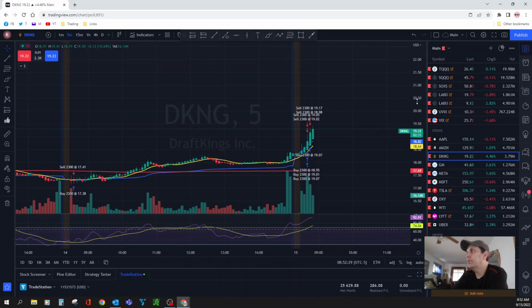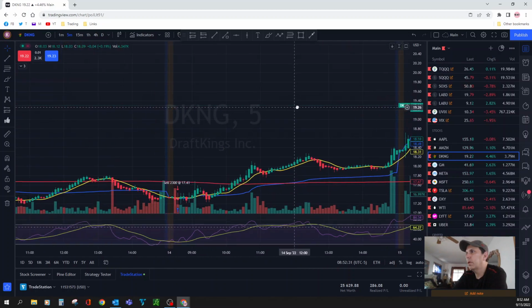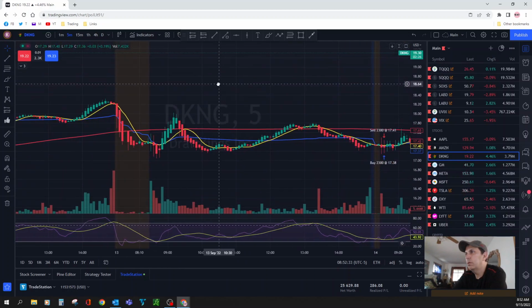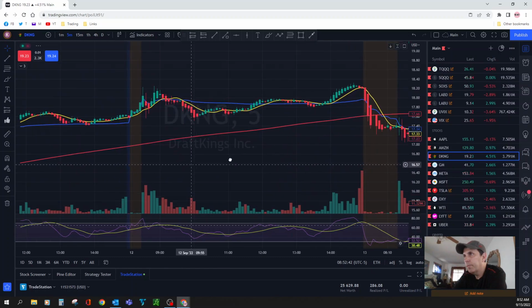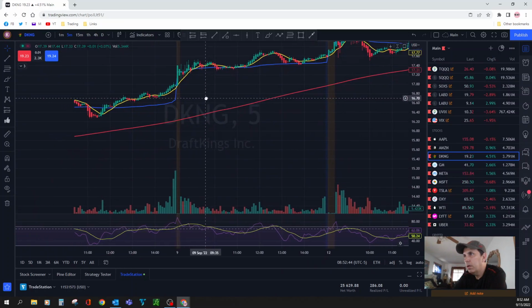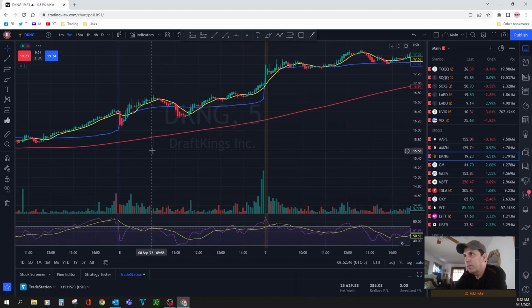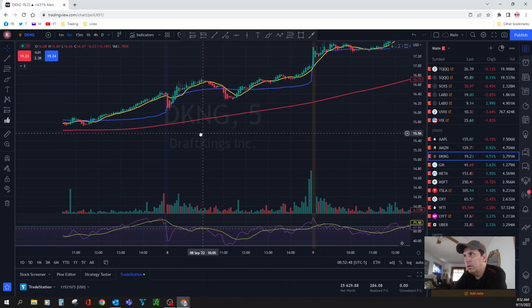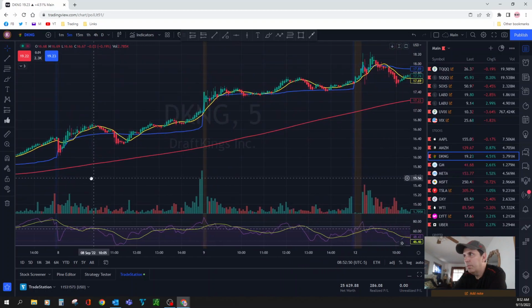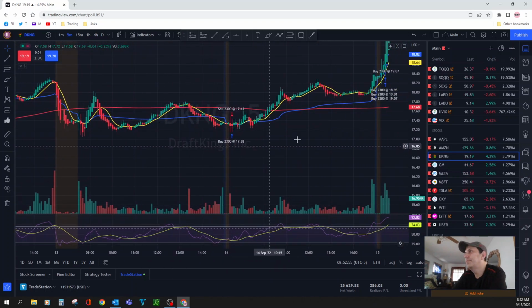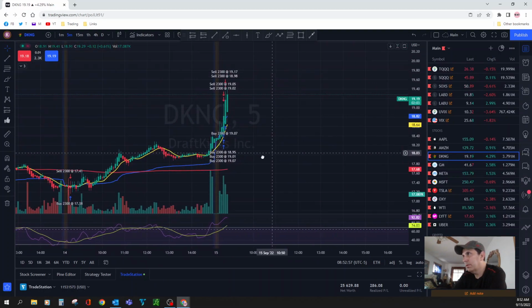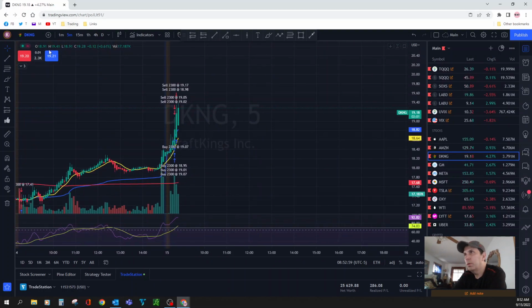Let's go back a couple days. Okay, so downward move, 5 minute candle. All right. So it can go either way. Just have to see. Still looks like it's wanting to move up.